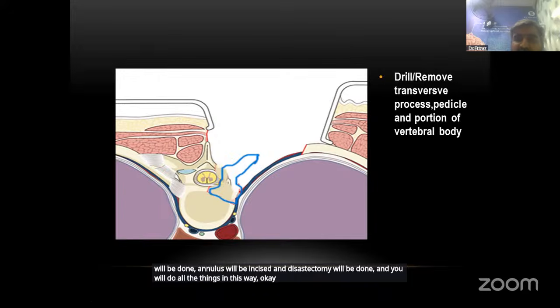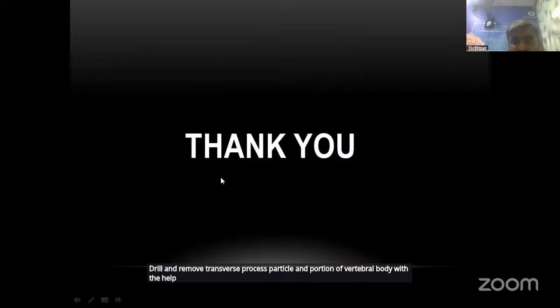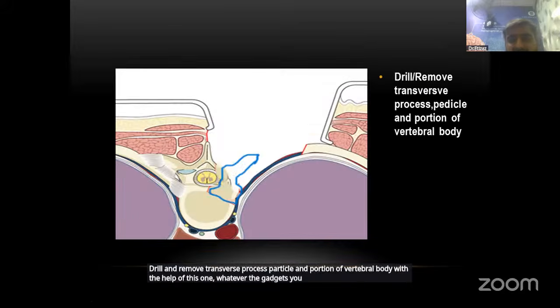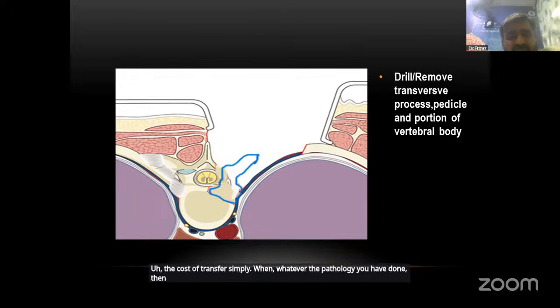Drill or remove the transverse process, pedicle and portion of the vertebral body with the help of whatever gadgets you have. So this is the technique of costotransversectomy. Whatever the pathology you have addressed, if you see that there is instability over there, then you can place a cage or you can place a graft.